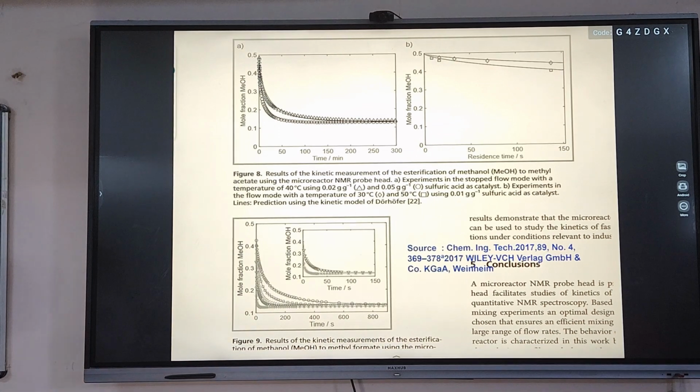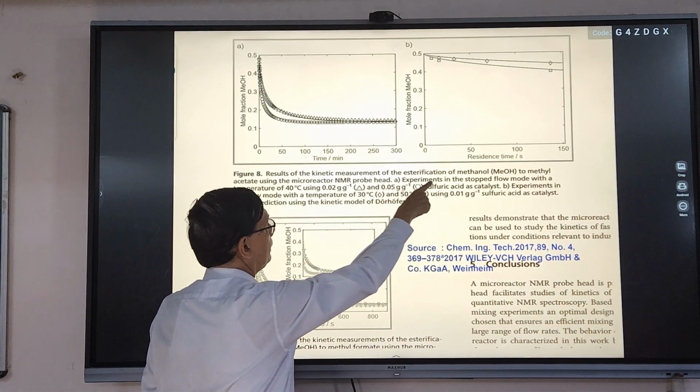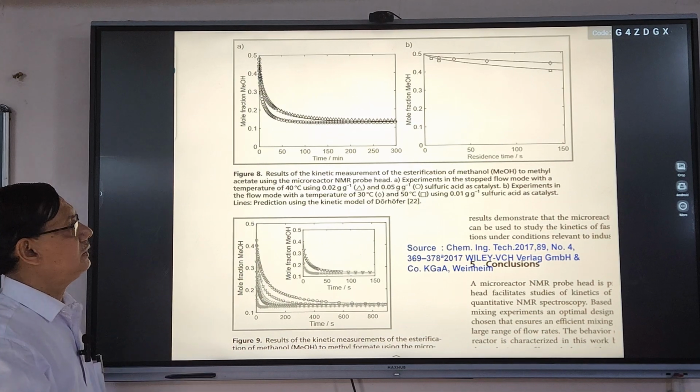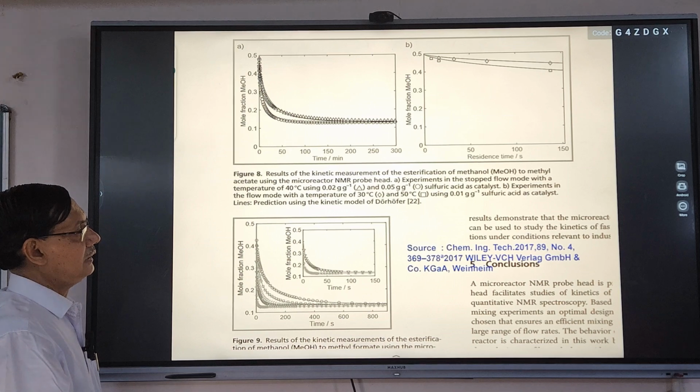Now I am taking this graph from that same research paper, where they are using a very simple reaction, as I told you, the esterification of methanol. In our M.Sc classes, you have done some reactions, like hydrolysis of methyl acetate.